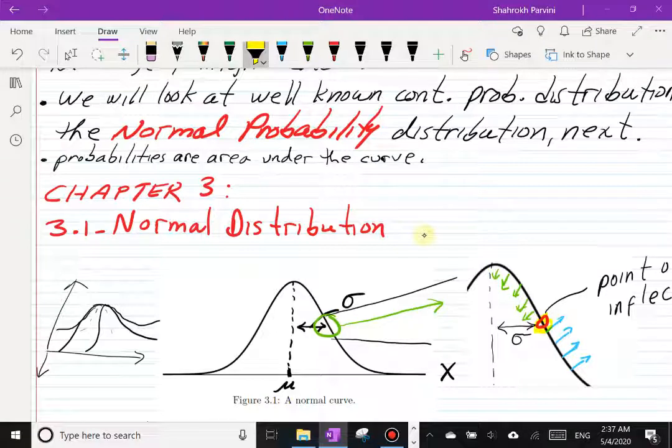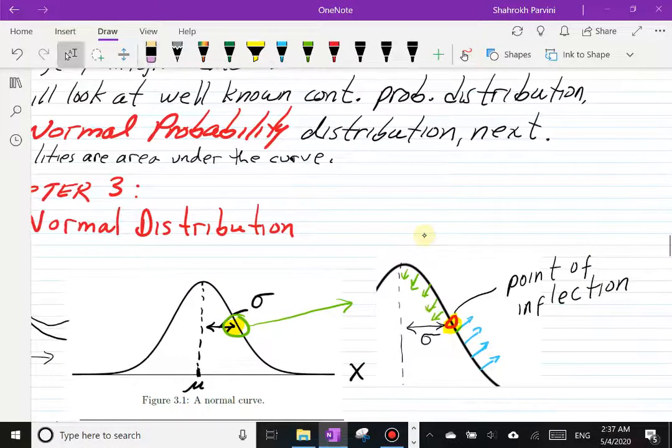It's right about here. That's this point right in here is over here. Okay, and this location of a standard deviation actually is a very interesting point on the curve. If you look at the curvature, or some call it the concavity, the measure of bending of a curve, the concavity of this curve is downward.